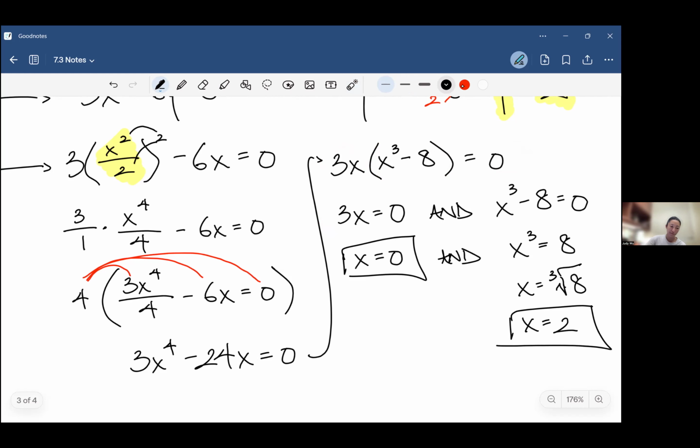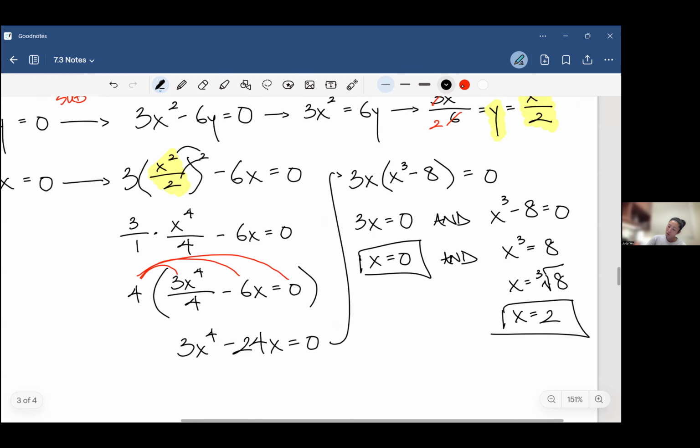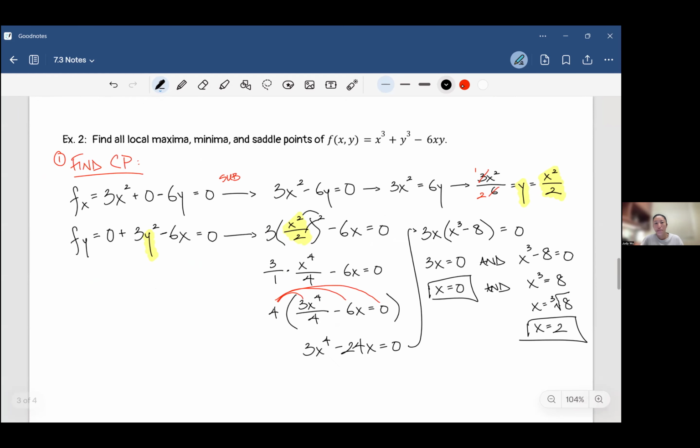Okay. So what does all of this mean? This means that the previous problem we did only had one critical point, but this question has two critical points. One where x is 0, one where x is 2. Okay. Now, how do we find the y value that goes with it?